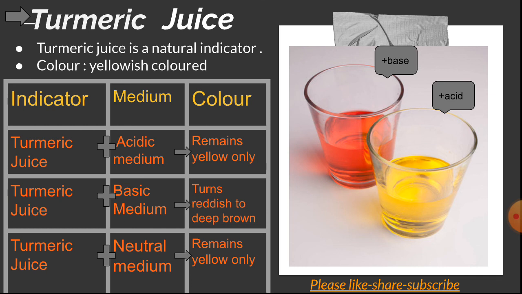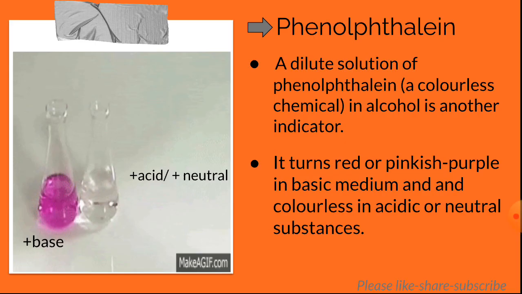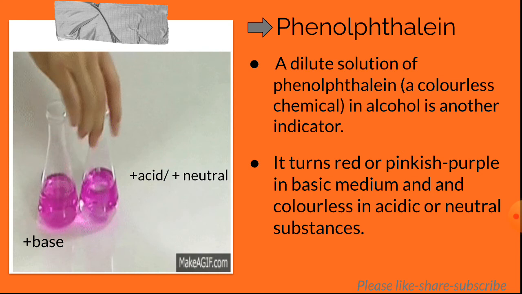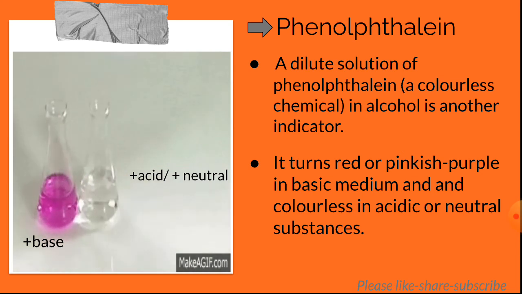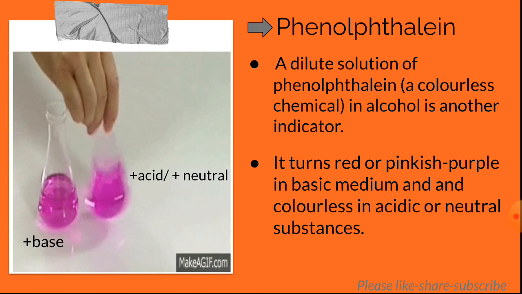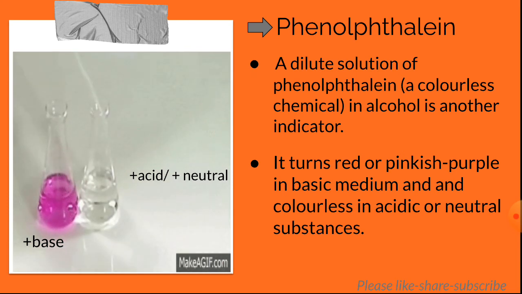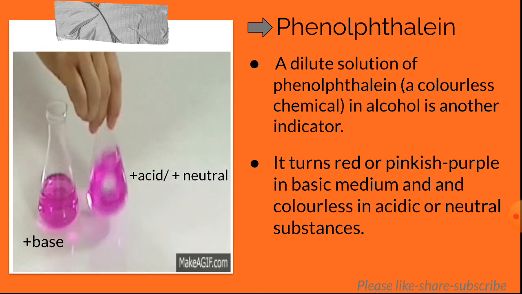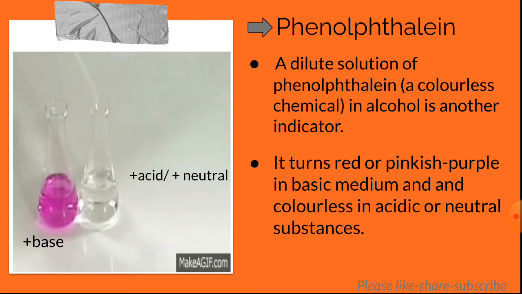So let's move to the next indicator, which is phenolphthalein. Phenolphthalein is a dilute solution which is colorless and is used as an indicator. It turns red or pinkish purple in basic medium and colorless in acidic or neutral substances.